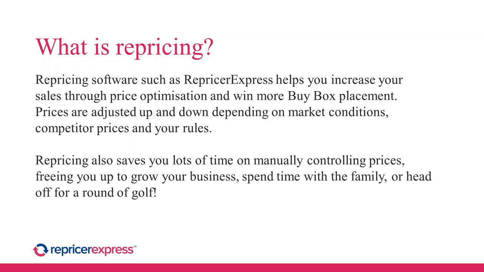Automatic repricing software such as Repricer Express can increase your sales, more importantly, increase your profits. Using a repricer gives you a 24/7 solution without you or one of your colleagues having to sit and watch your competitors and what they're doing with their pricing.